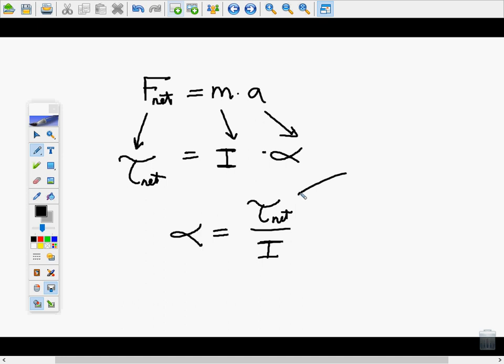One, if you put a bigger torque on that object, it's going to have a bigger angular acceleration. It's going to spin faster and faster at a faster rate. However, if it has more rotational sluggishness, a bigger moment of inertia, then the angular acceleration wouldn't be quite as fast. So this is the formula that we're going to be applying today.